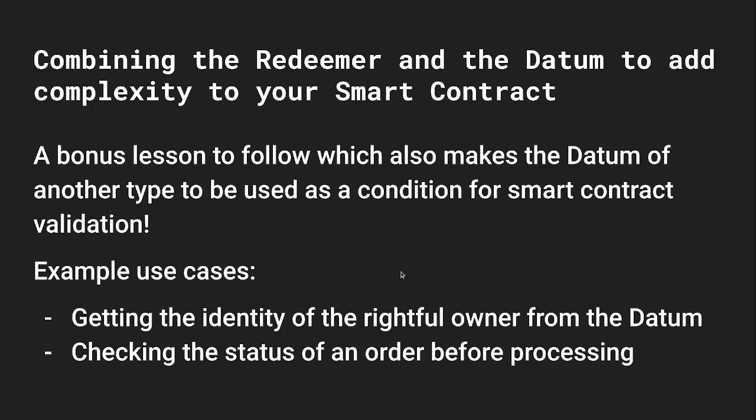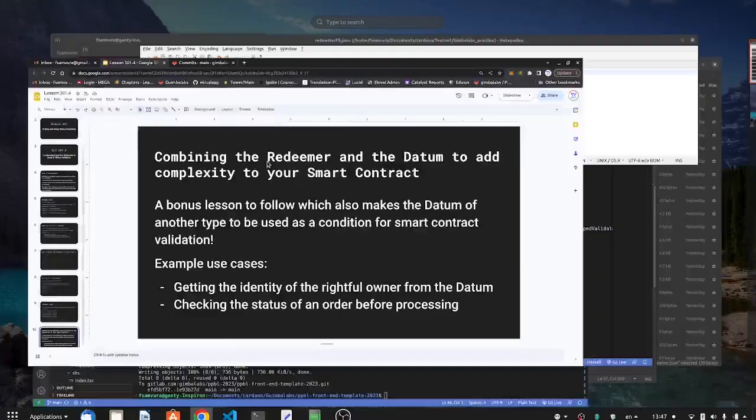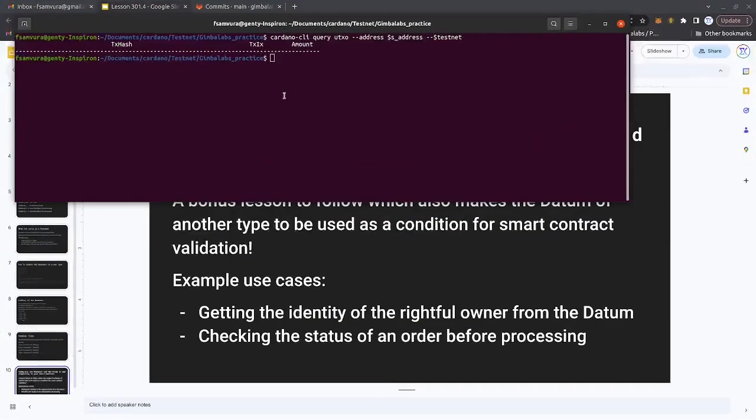So now we can go ahead and try this as the example. As you know, I have created the smart contract address using the new Plutus script.